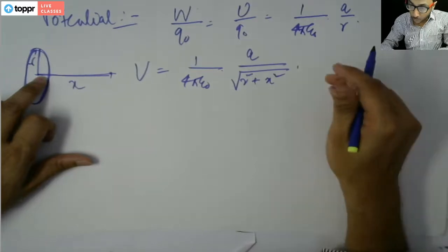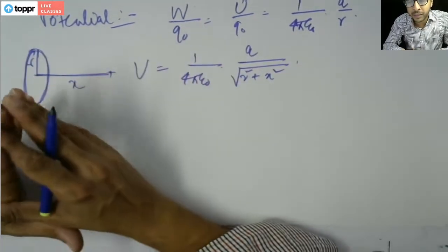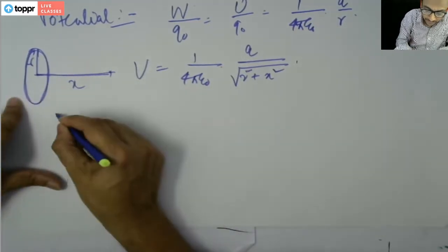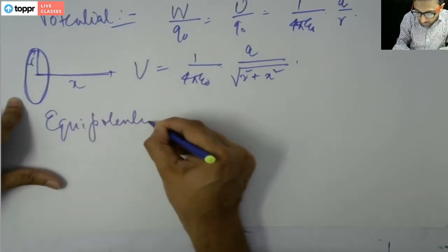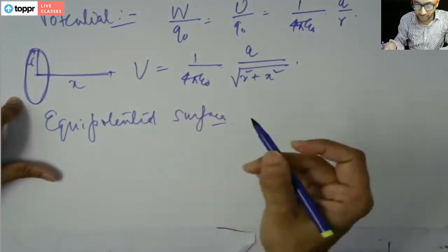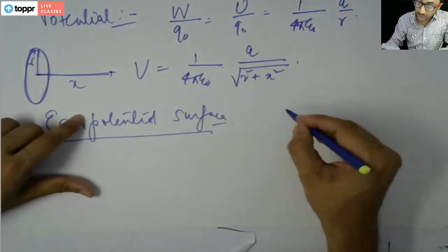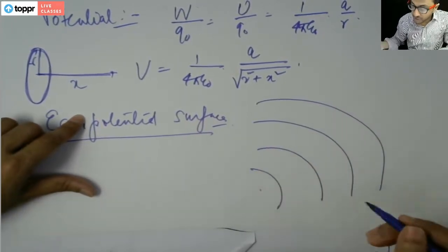Okay. Now electric field, you know about equipotential surfaces. You know, right? Equipotential surfaces are those surfaces which have the same potential. So what will happen if they have the same potential?